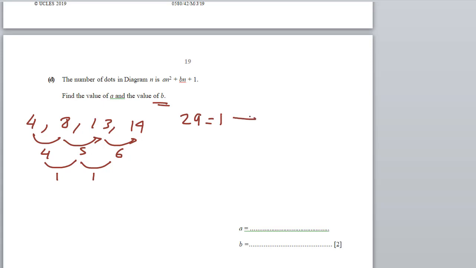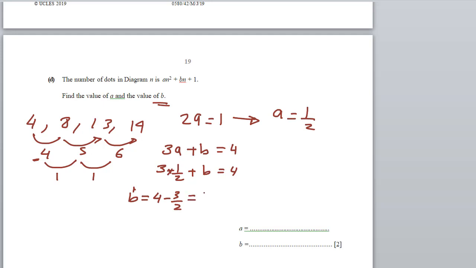So 2a is equal to 1, so a equal to half. And then 3a plus b is equal to 4. So 3 multiplied by half plus b equal to 4. So b is equal to 4 minus 3 over 2, which is 8 minus 3 divided by 2, 5 over 2. So a is equal to half and b is equal to 5 over 2.